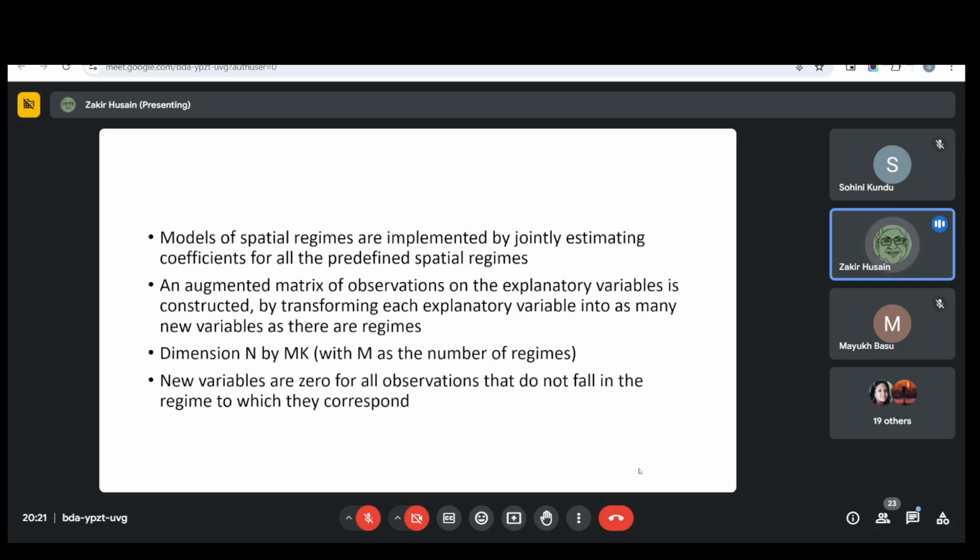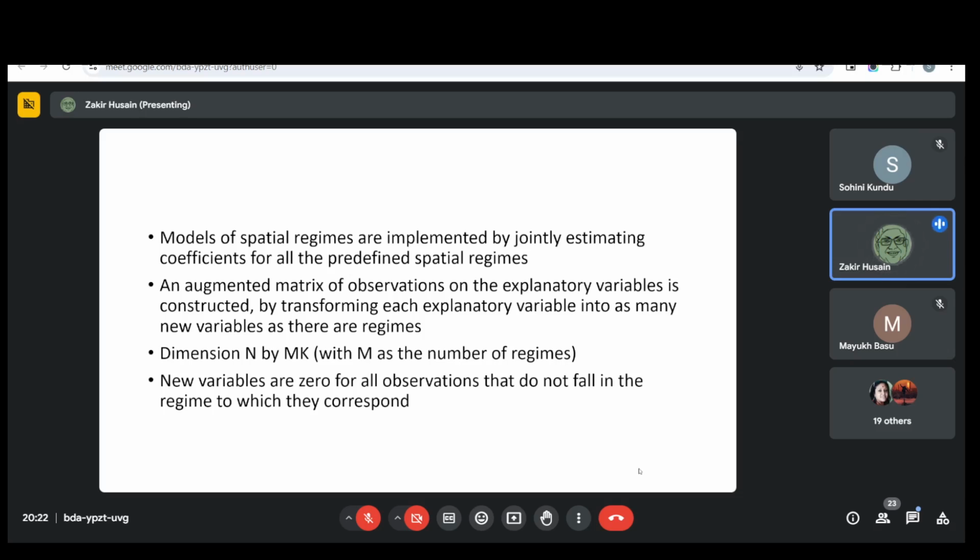So models of spatial regimes are implemented or estimated by jointly estimating the coefficients of all predefined spatial regimes. So we form the spatial regimes keeping in mind certain restrictions.